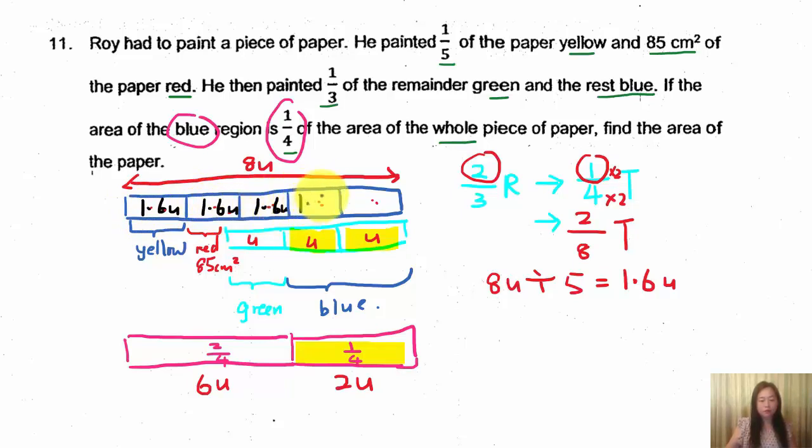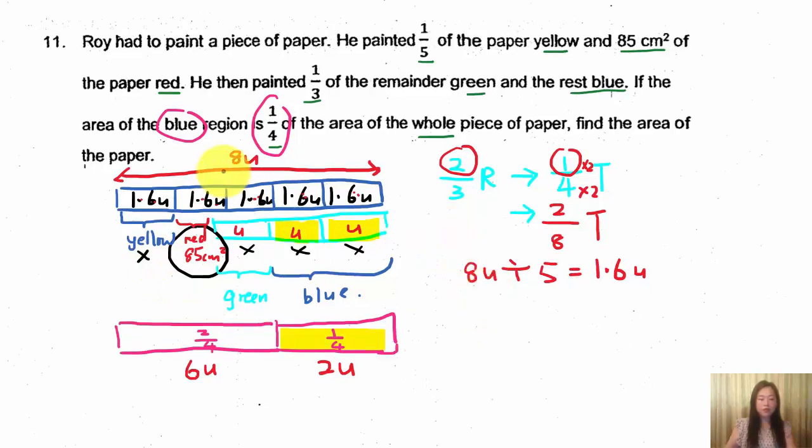I know that some of your school teachers didn't teach you this concept, but it's very useful if you understand it. So now that we know yellow is 1.6 units, let's find out how many units is represented by 85 cm square.